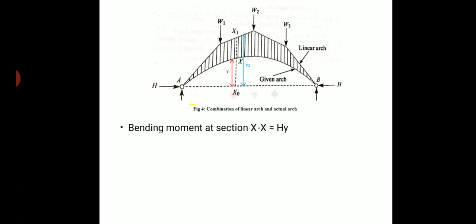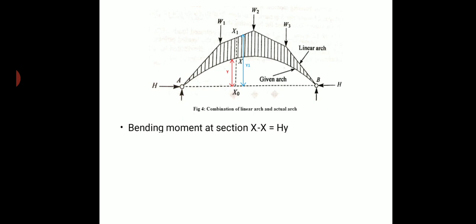I don't have the horizontal distance here, I have just taken the intercepts. Therefore I would take the moment due to the horizontal reaction itself here. Therefore the bending moment at the section x naught would be equal to H into y.